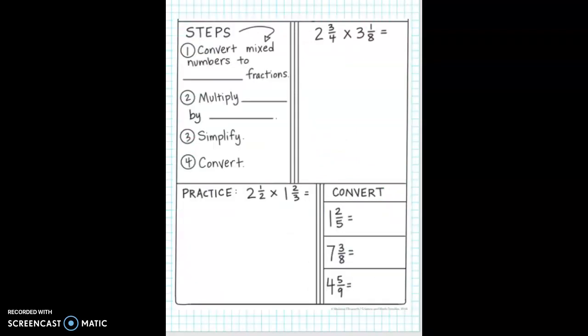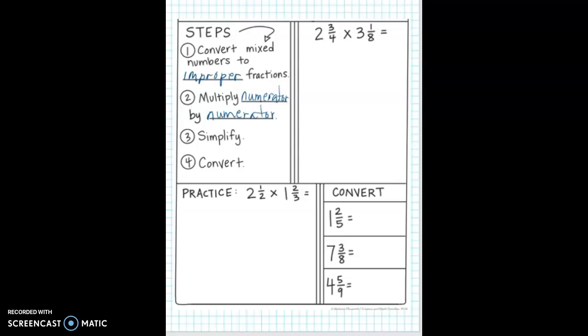Here's 2 more examples. Convert the mixed numbers to improper fractions. Multiply numerator by numerator and denominator by denominator.